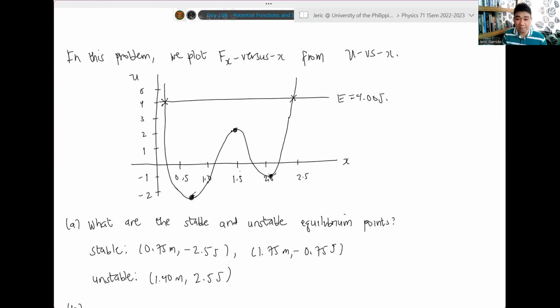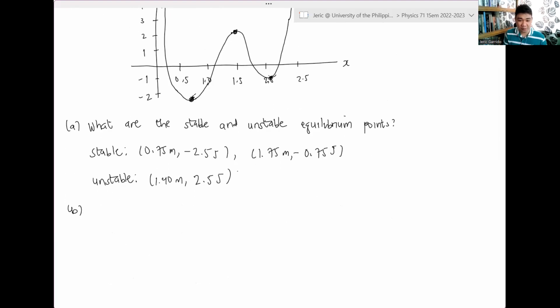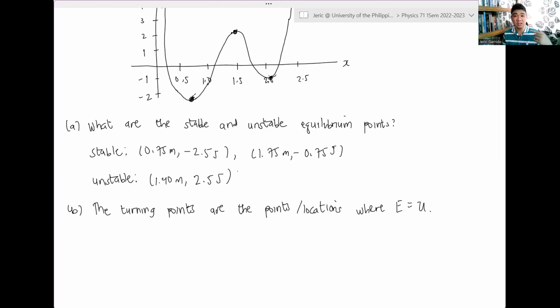And therefore, the particle is only bound in this particular region, which is, I think, 0.25 to, let's say, 2.5. So the turning points are the locations where E equals U, and therefore the particle is at rest there, kasi K equals 0.